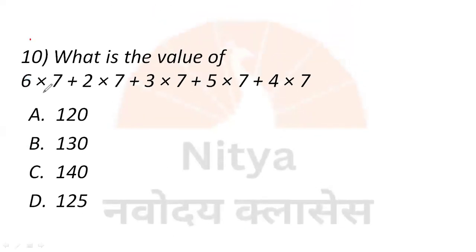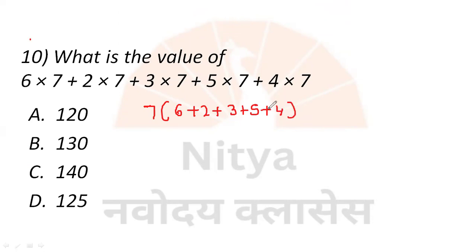What is the value of 6 multiplied by 7 plus 2 multiplied by 7 plus 3 multiplied by 7 plus 5 multiplied by 7 plus 4 multiplied by 7? So see here, 7 is common in all the terms. So what you have to do is take 7 as common and add the other factors: 6 plus 2 plus 3 plus 5 plus 4.